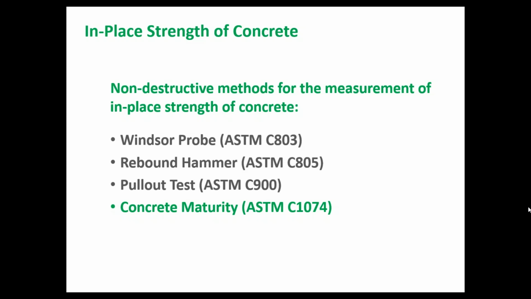But last but not least is concrete maturity, which is standardized by ASTM and is widely adopted by the industry over the past decade or so. And I'll get into the details about this method, where you would basically correlate concrete temperature with the strength of it at any point in time.